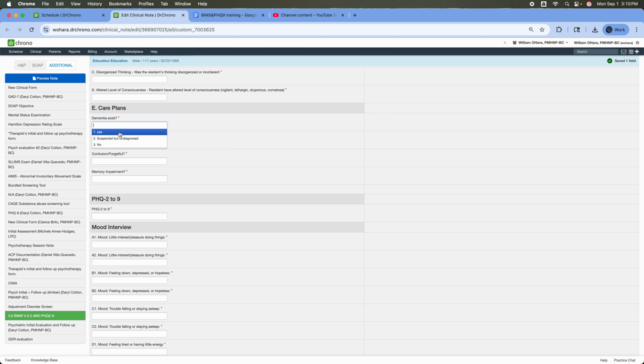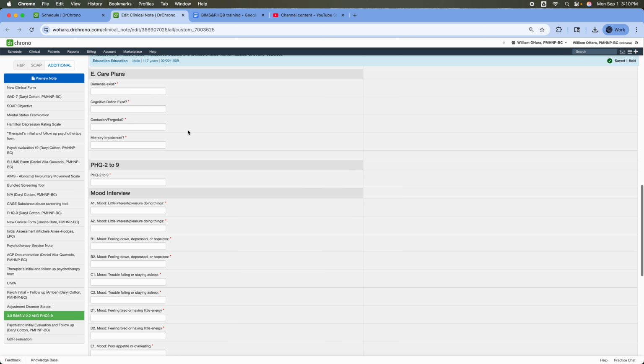Again, unless they have the diagnosis, never put yes. They have to have the diagnosis of dementia in order for you to say yes, even if you know without a doubt they have it. If there is not already a diagnosis of dementia, use suspected but undiagnosed. It will create a ton of problems, so just be careful with this dementia one.